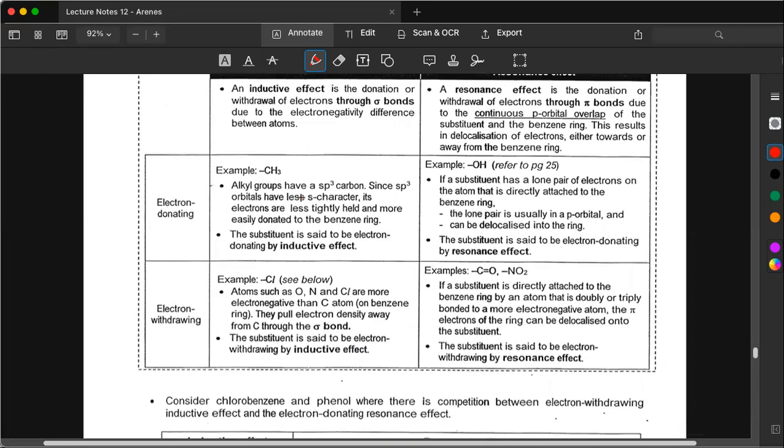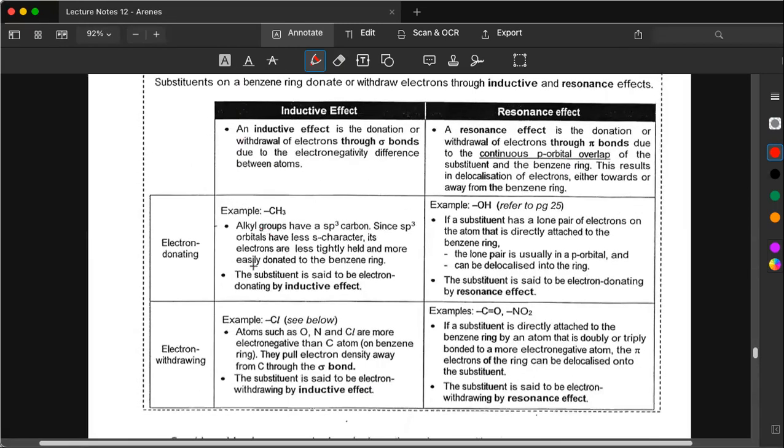Since sp3 carbon has less s character, electrons are not so tightly held and are more easily donated. It's not holding on to the electron, so it can actually donate this electron to the benzene ring. So this substituent is said to be electron donating by inductive effect. Okay, so that's called inductive effect.